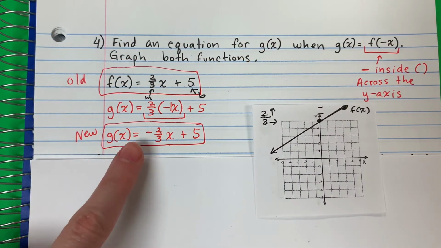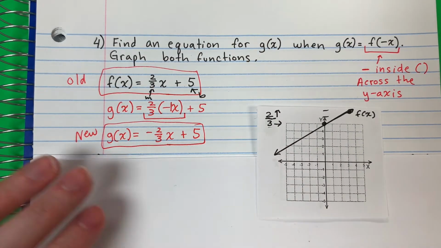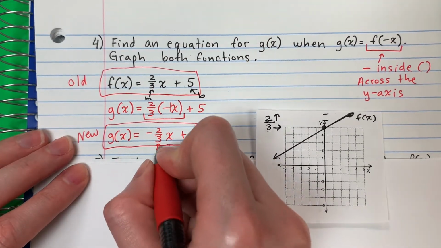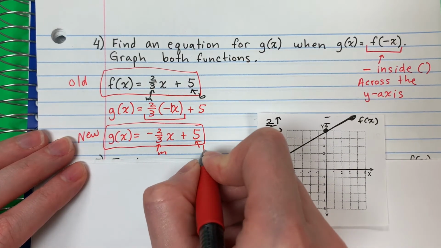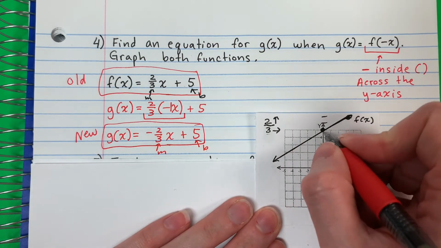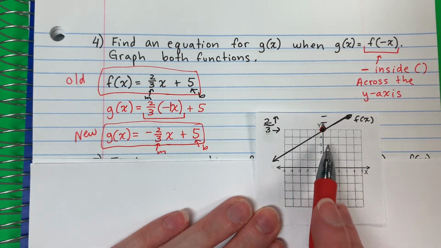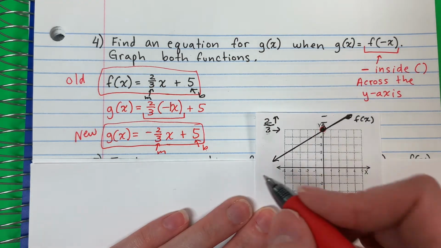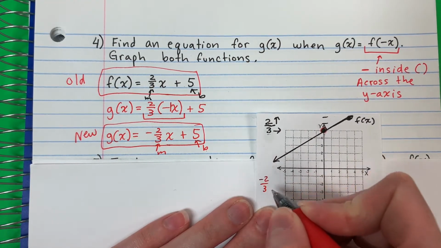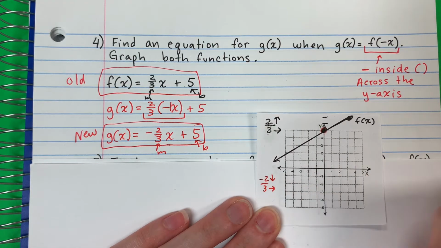Okay, now we need to do g of x. This is m. This is b. So my y-intercept b is 5. So again, I will put something here, positive 5 on the y. The slope is negative 2 divide 3. So negative 2 is down, 3 always to the right, siempre para la derecha.